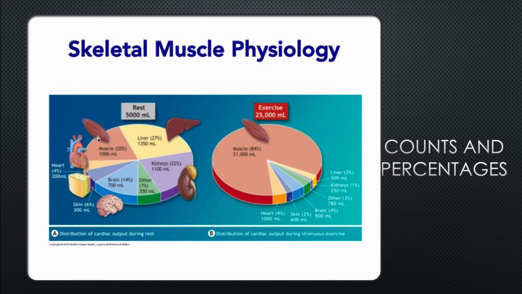And we see that the amount of blood flow to the other parts of the body decreases. And again, here the counts and the percentages become important, because while the liver maybe used to be 27% and now it drops to 2%, we can still see a significant amount of blood goes there, 500 milliliters. So the count is 500 milliliters, the percentage is 2%. But anyway, this is just an example again of counts and percentages.